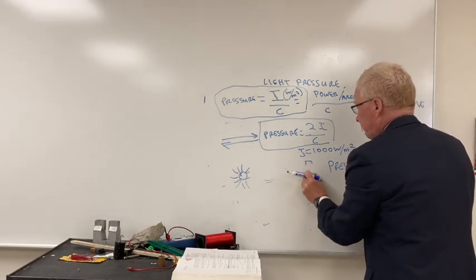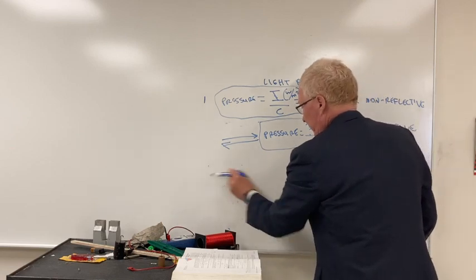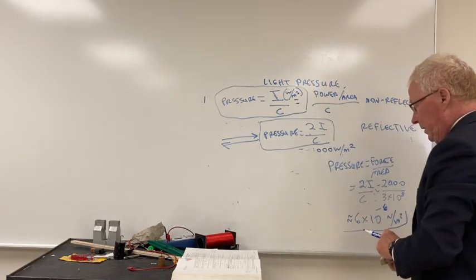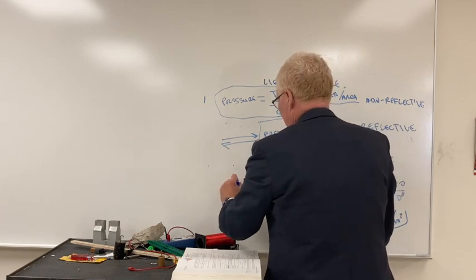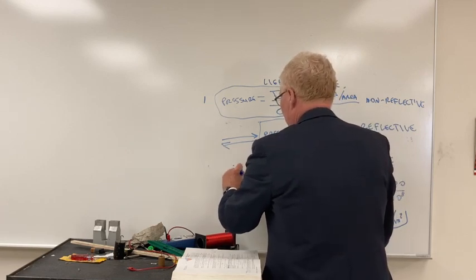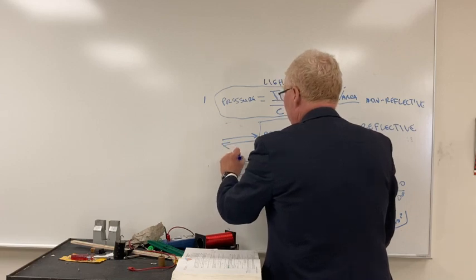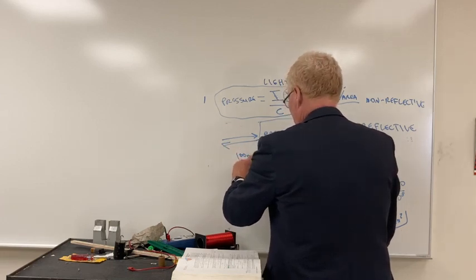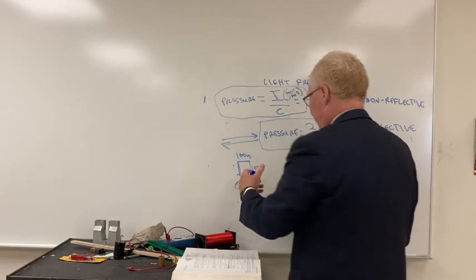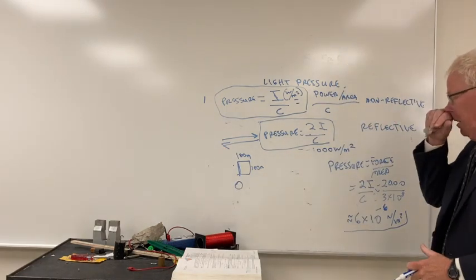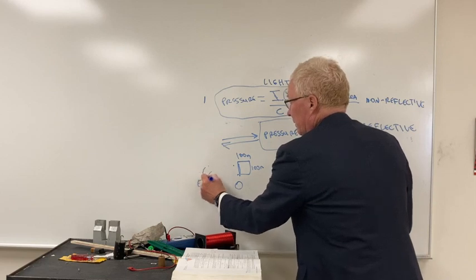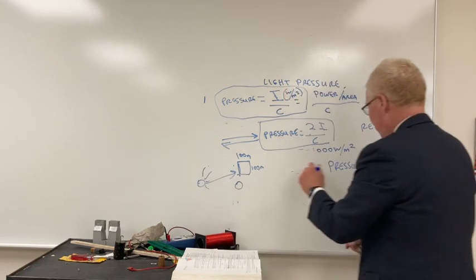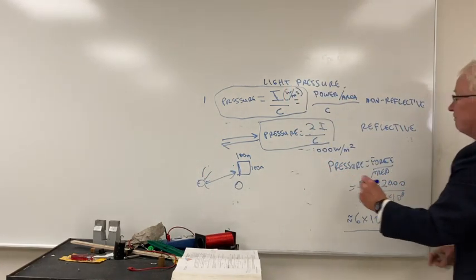So let's say we want to do a solar sail. You may have heard something like that. We launch a square, say 100 meters on each side. So it's basically a football field on each side, which is pretty large. You have it exposed to the sun, where the intensity is 1,000.